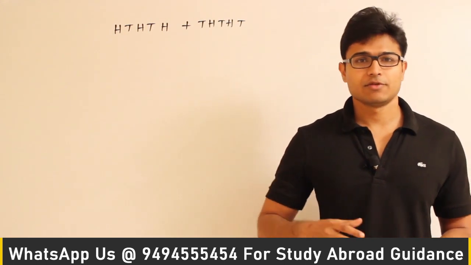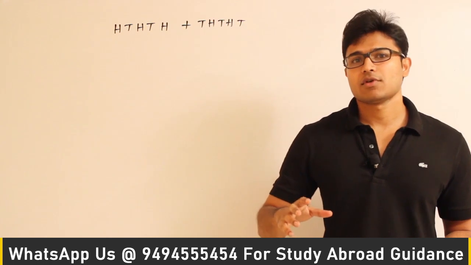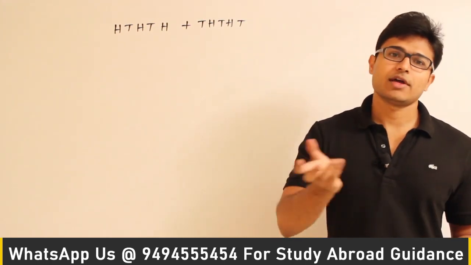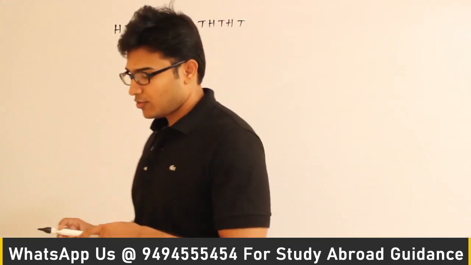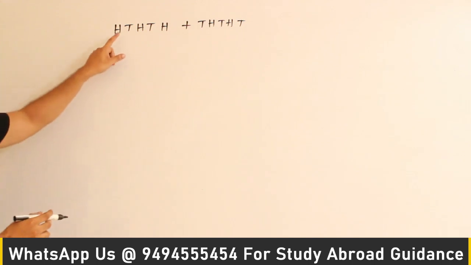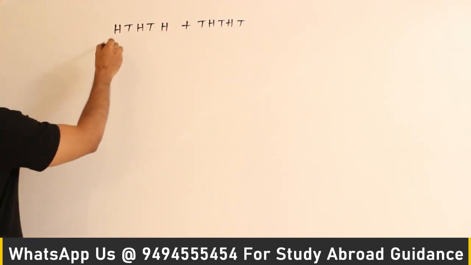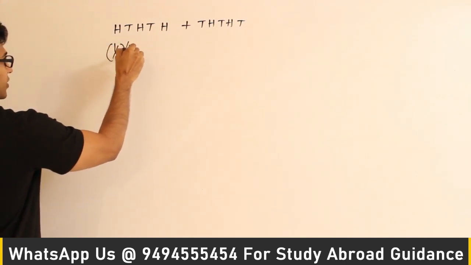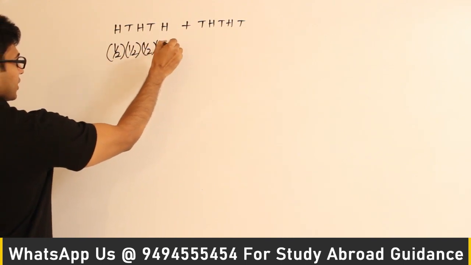Always remember this. When we are conducting a random experiment over and again, the outcomes of the experiment are going to be independent of what happened earlier. Okay? Now see this. What is the probability of getting head in the first one, tail, and then head, tail, head? Since it is a fair coin, the probability of getting head is 1 by 2, and tail is 1 by 2. Again, head is 1 by 2, tail is 1 by 2, head is 1 by 2.